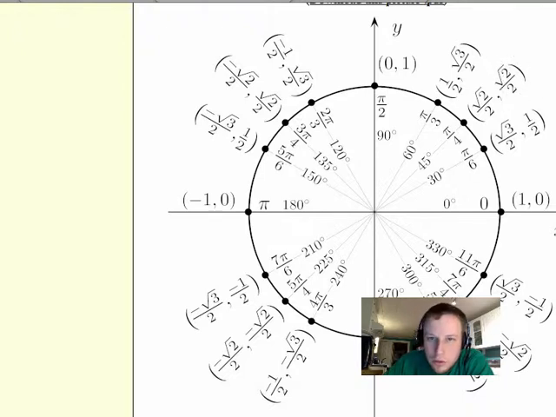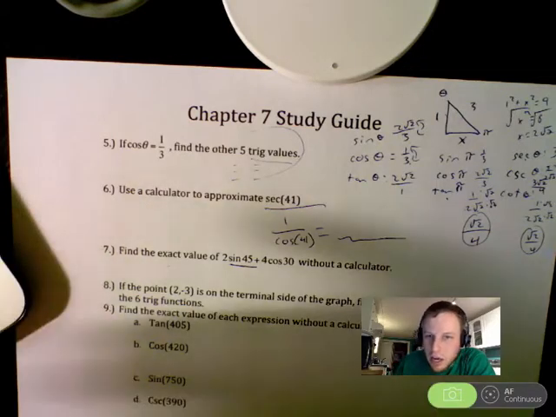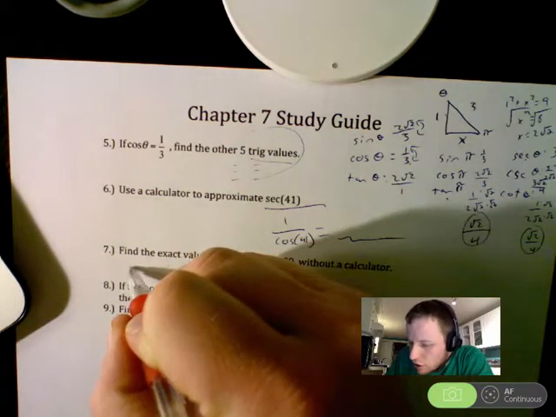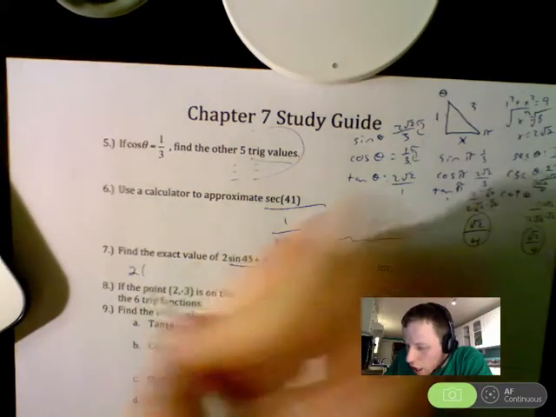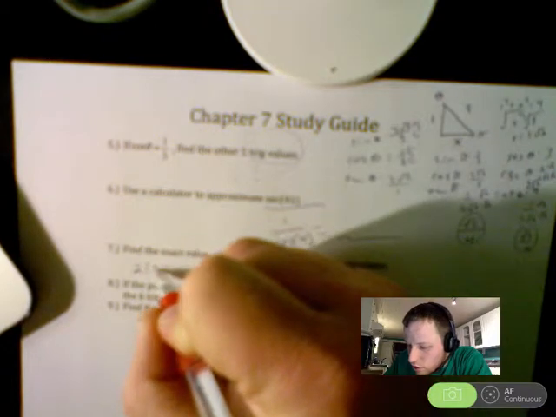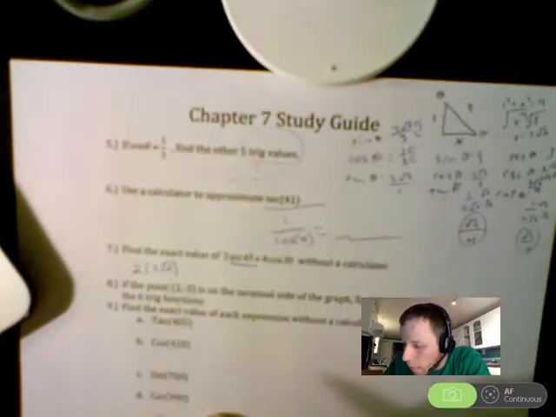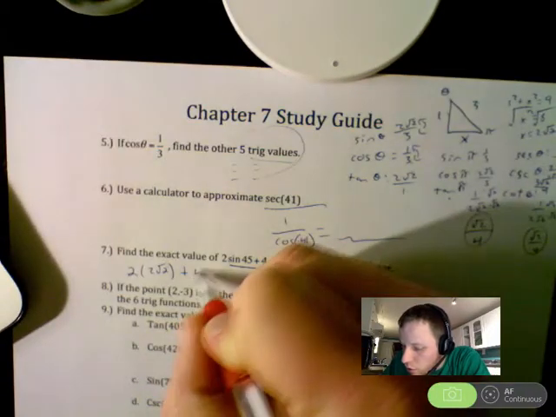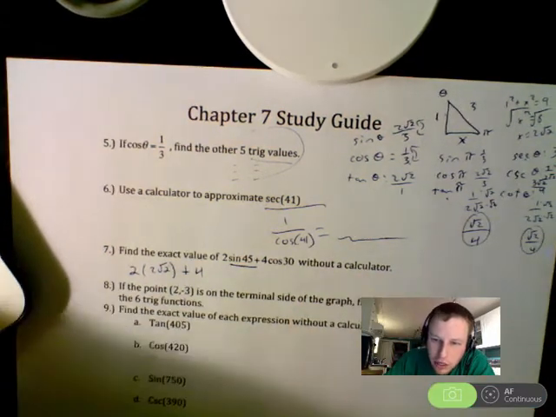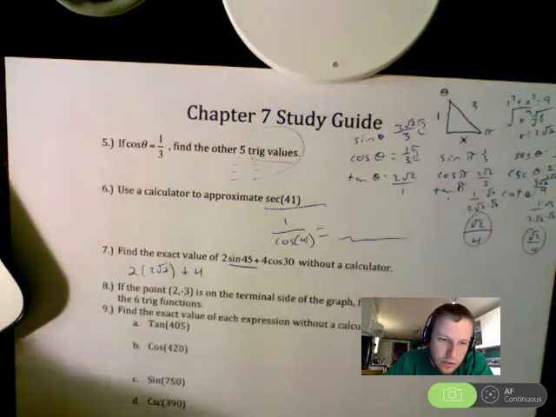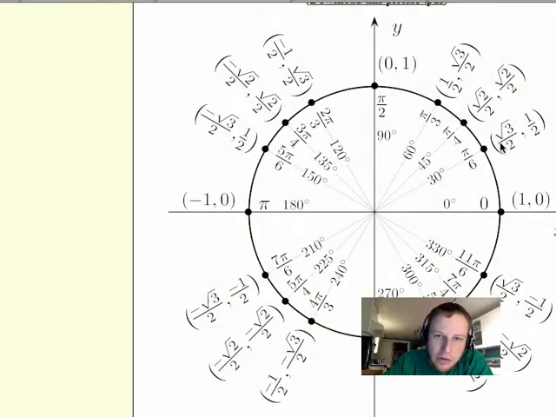So 2 sine of 45 is going to be 2 times square root of 2 over 2. Plus 4, now cosine 30, remember it's your x value. So cosine of 30 is square root of 3 over 2.